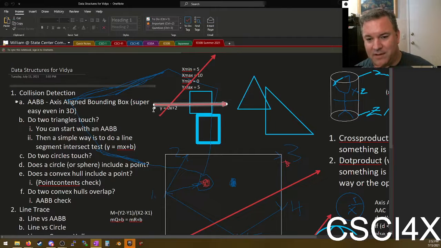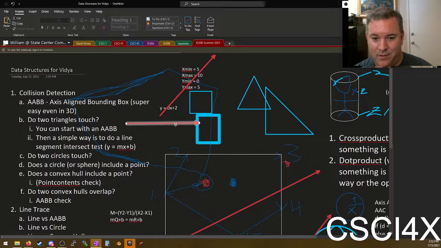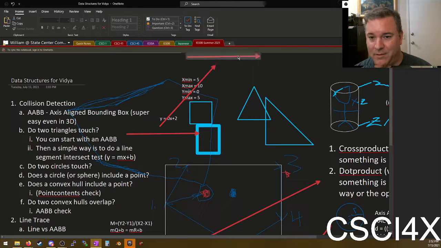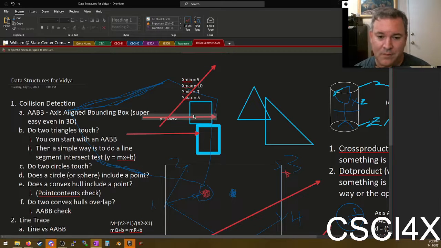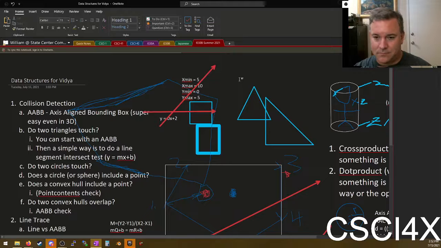When a line crosses it, the intersection algorithm returns a number from 0 to 1 if they cross, or negative if it's down here, or positive if it's up here, or if it's parallel, it won't cross at all. So that's an easy way to see if 2 lines cross.